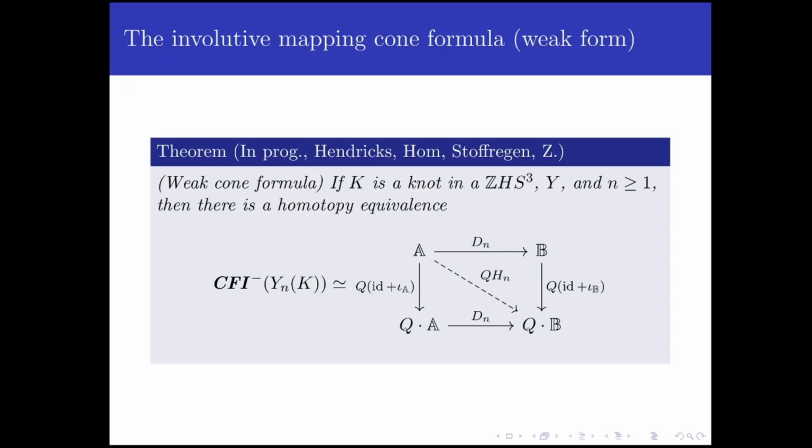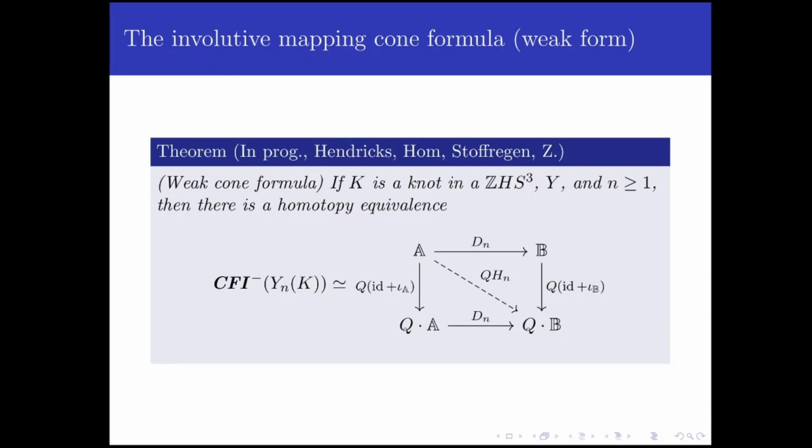What we've proven is that if you have a knot in an integer homology 3-sphere, and you pick a positive surgery coefficient n, then there are maps Dn, Hn, and iota_K fitting into this diagram on the right, such that there's a homotopy equivalence between CFI minus of Yn, the n surgery of Y along K, and this diagram.